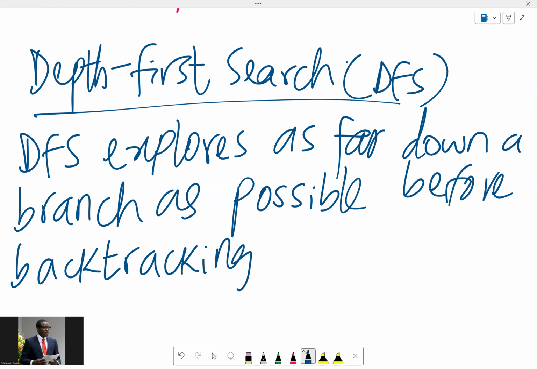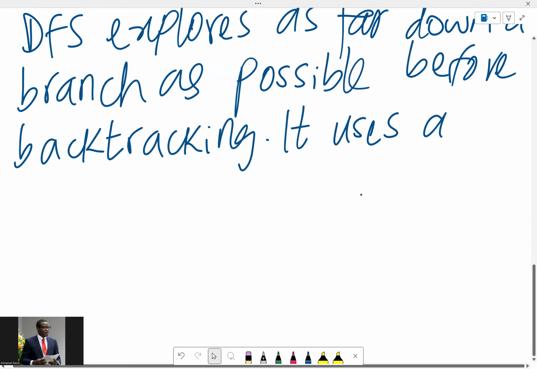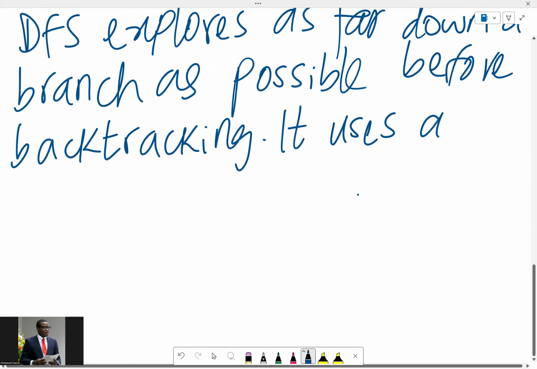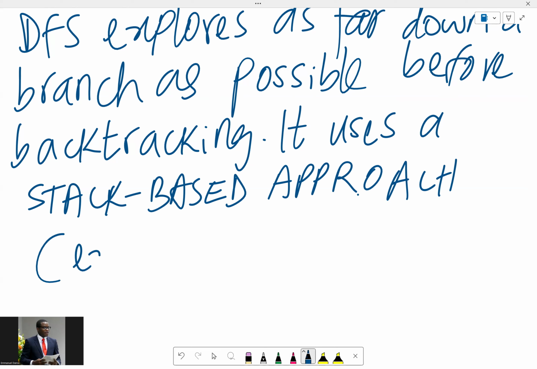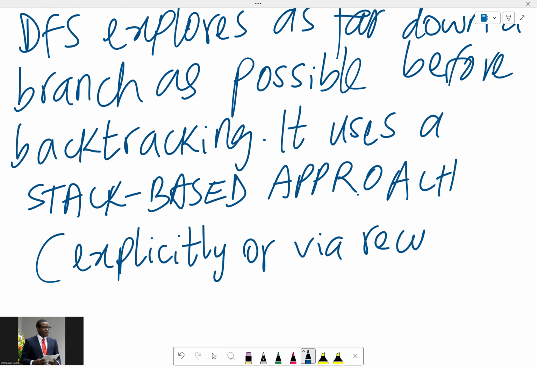Then it uses a stack-based approach, and that can be either explicit, or it can happen via recursion. Okay, so that's how that works.